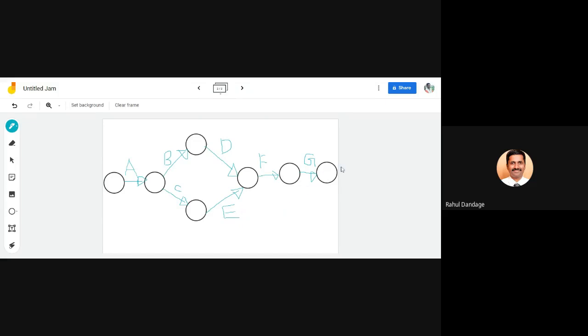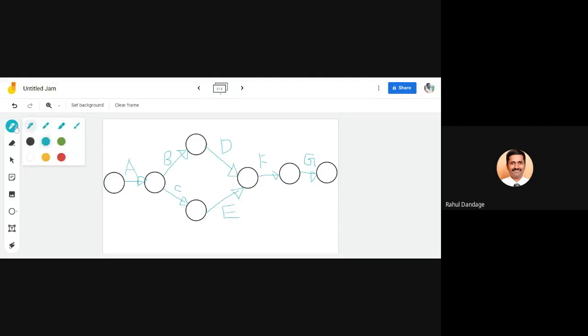There is no requirement. Simply what they have said, G can be started when D, E, F are completed. So when I am at this point, F is completed. When F is completed, it means by default D and E are also completed, because F cannot be started unless and until D and E have finished their work. So the logic is completed.